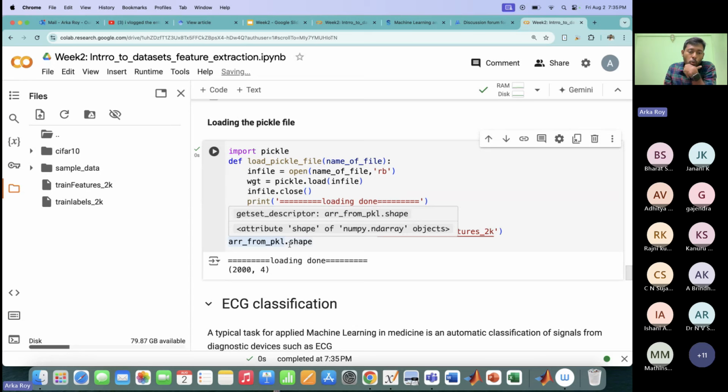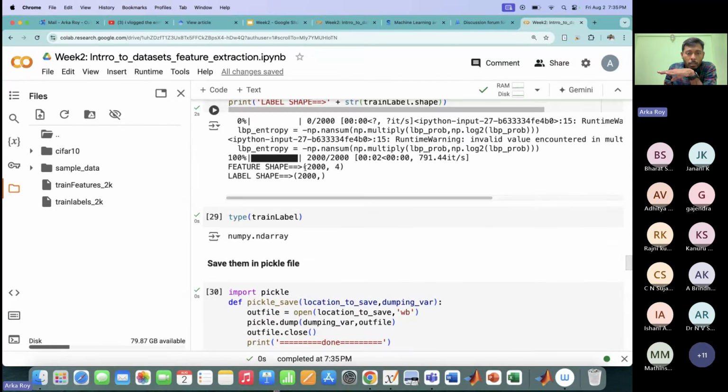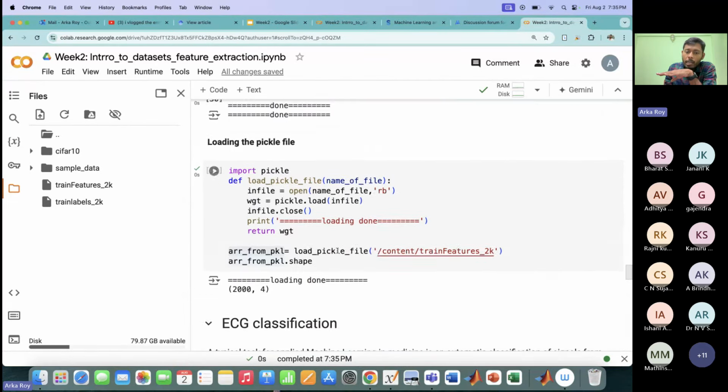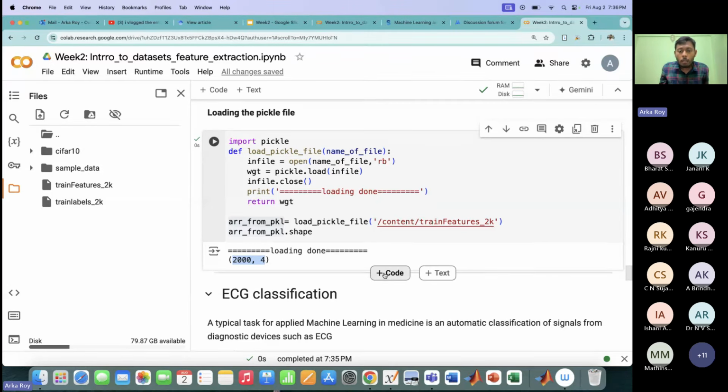To show you that I am getting the same dimension, you can see that the feature shape I had stored was 2000 cross 4, and again I am loading that particular feature. It is of the same shape. So you don't have to worry about any sort of data loss. There is no data loss apparently.